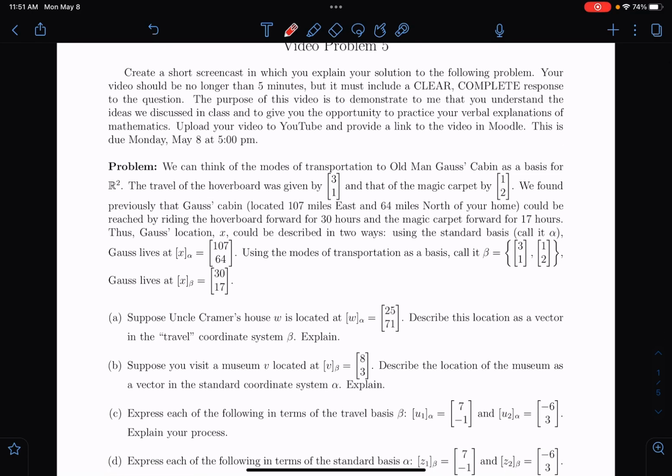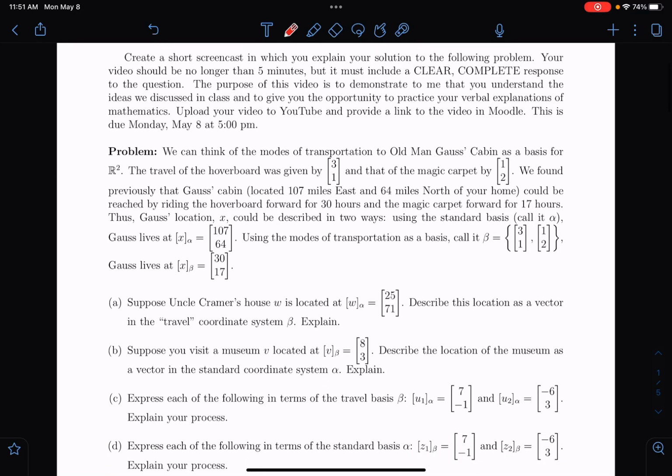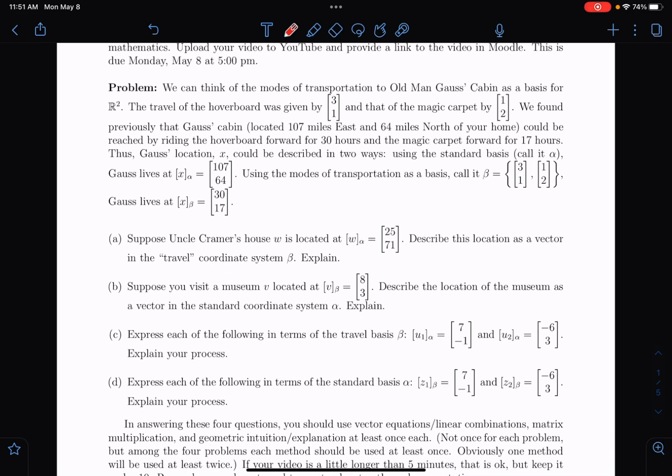So for the first question, part A, we know that Uncle Kramer's house, W, is located at 2571 in the standard basis.